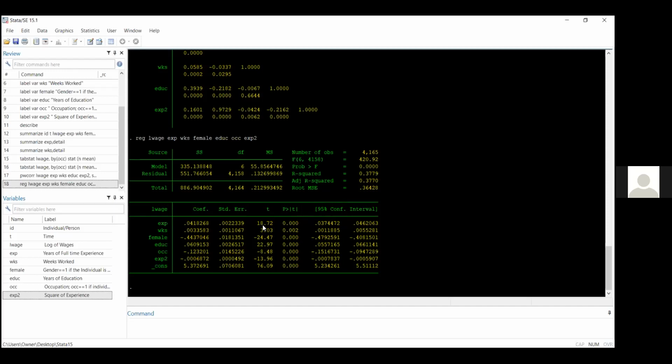So any value above 1.96, although people summarize it to every value above 2, using a t statistic, means it is significant. So we have 18 for experience, which means even if I don't look at the p-value, I can use this and conclude based on this sample that experience is significant.